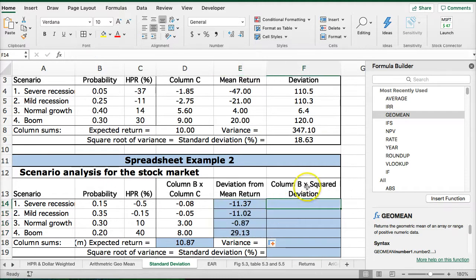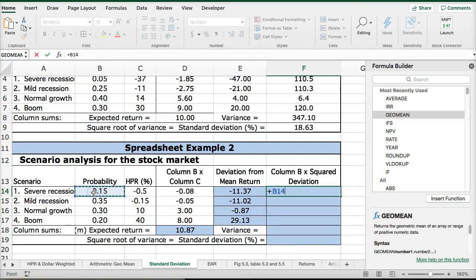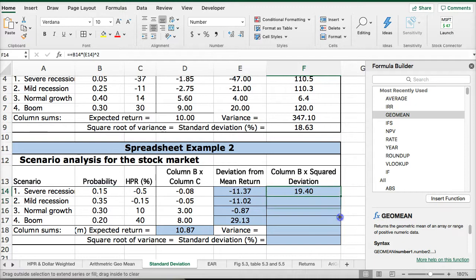And then to calculate, I'm going to take the probability and multiply it by the deviation from the mean to the exponent 2. If I do that for all of them, I find the sum of this, and I'll get my variance.